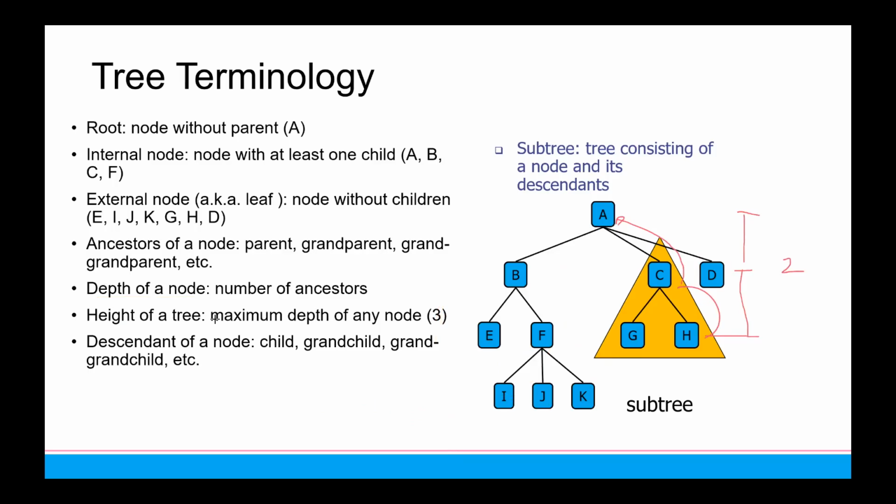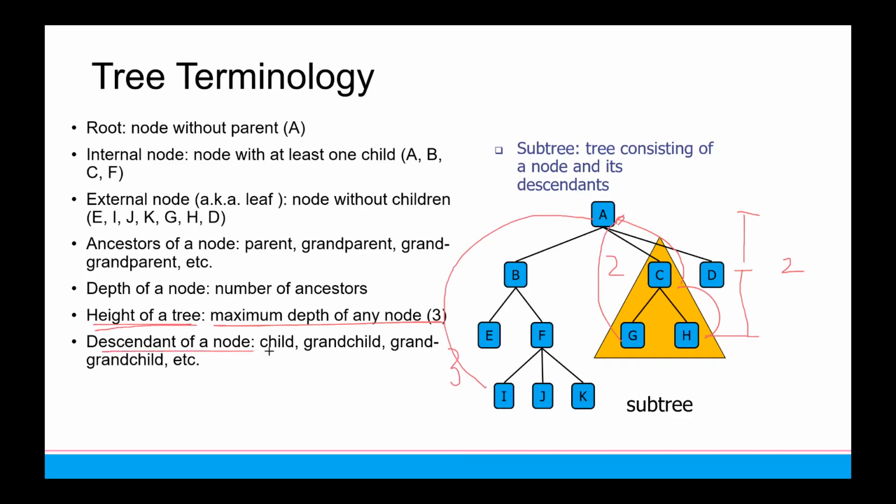The height of a tree is the maximum depth of any node. A until G there are 2 levels, A until I there are 3 levels. Because that is the maximum, we call this the height of the tree.